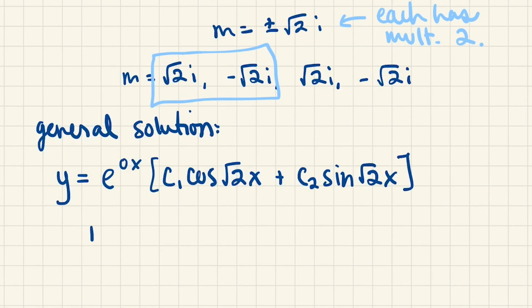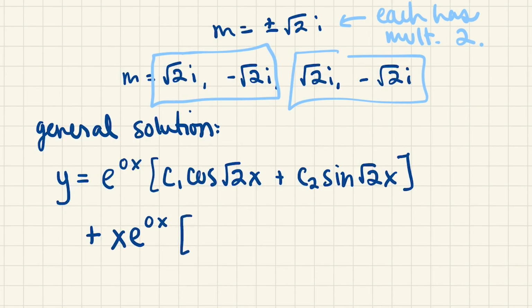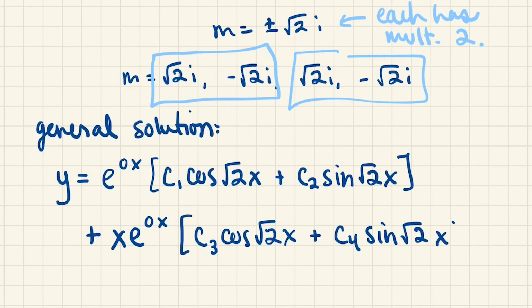And now we're going to add whatever's generated by the second pair. Now those are exactly the same solutions to the auxiliary equation, which means we're going to need a factor of x. So we're going to go x e to the 0x. And then we need two more constants, c3 cosine of rad 2x plus c4 sine of rad 2x.